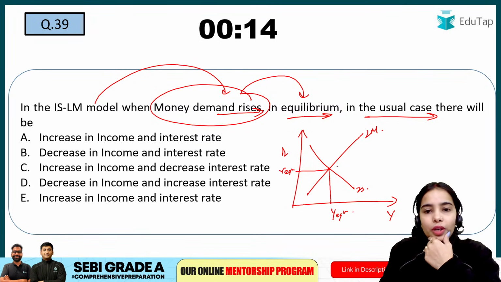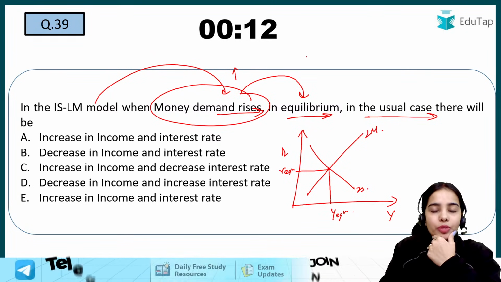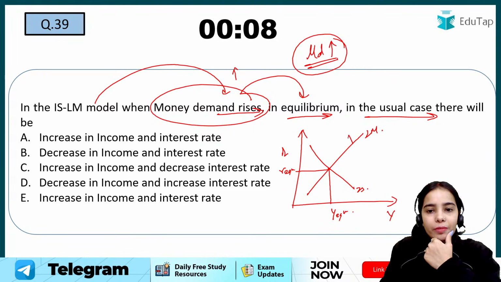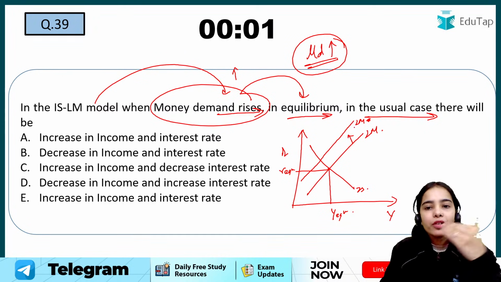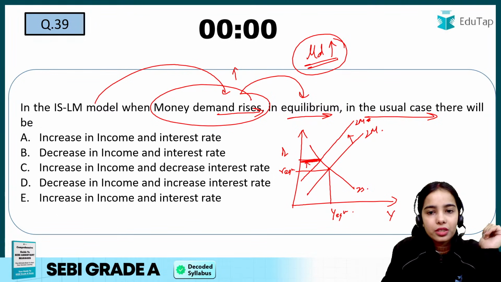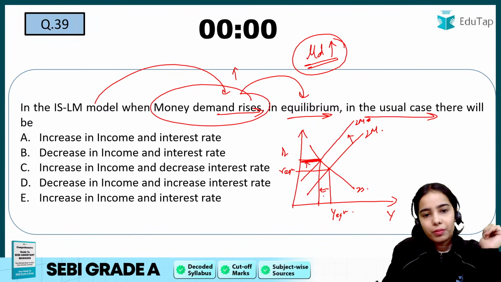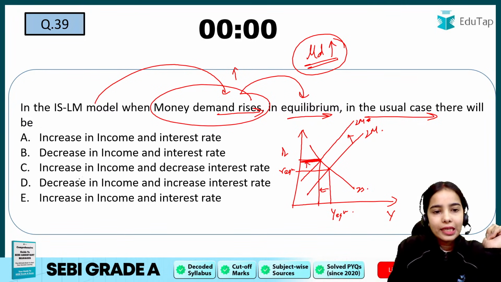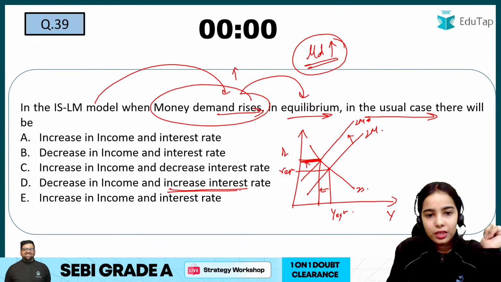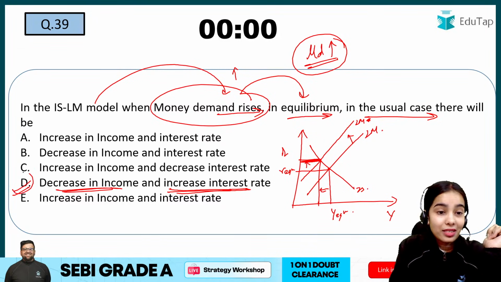If the demand for money increases because of other factors, the LM curve will shift leftwards. With the leftward shift of the LM curve, there will be a rise in the rate of interest and a fall in the level of income. So D is the answer.